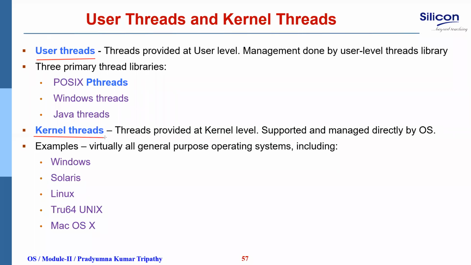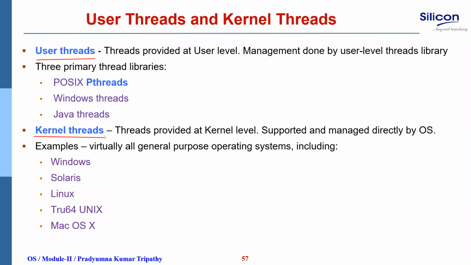The threads provided at user level and managed by user level code. If a thread is created and managed by the user, by the programmer, then we say it's a user thread. The programmer will write code for creating the thread, and managing the thread is also done by the programmer. Then we say these are user threads.